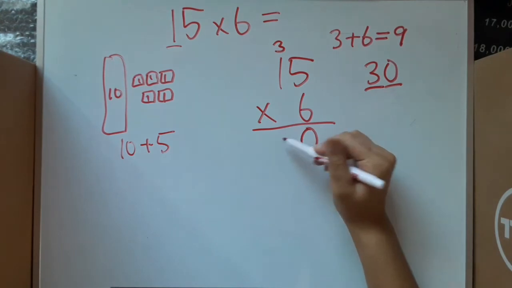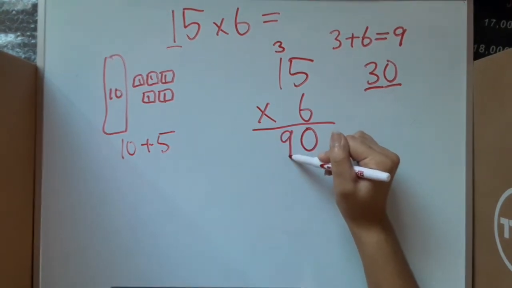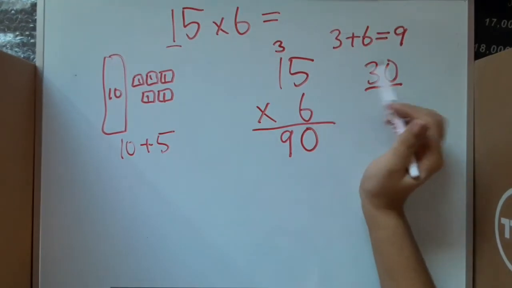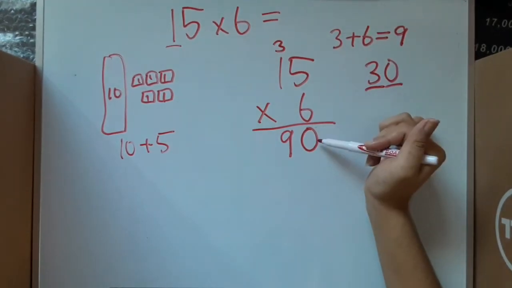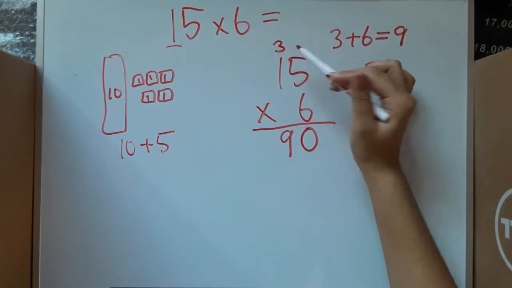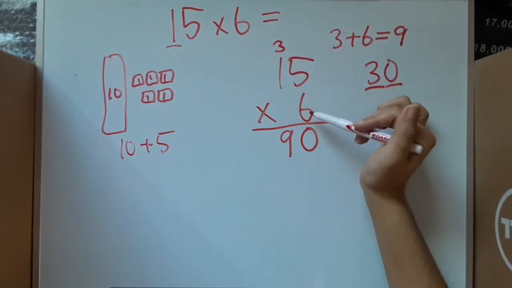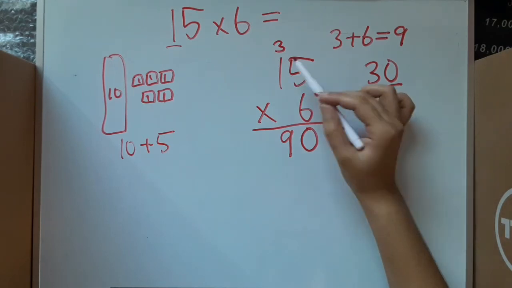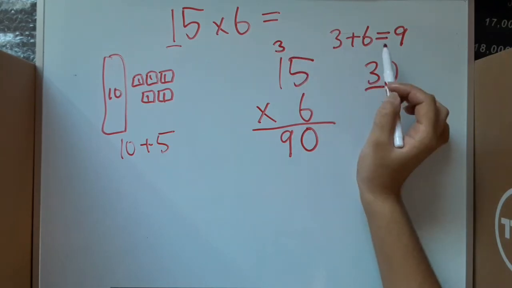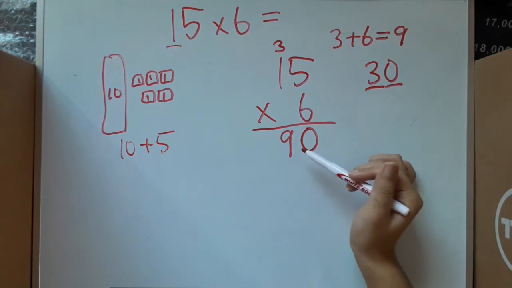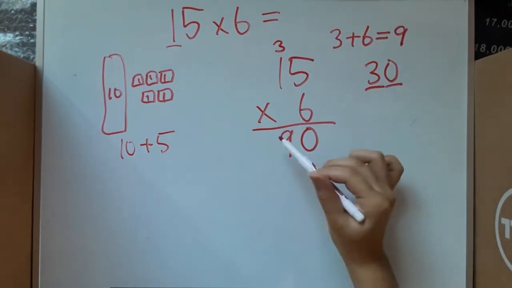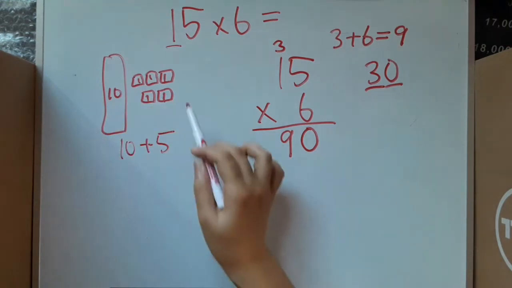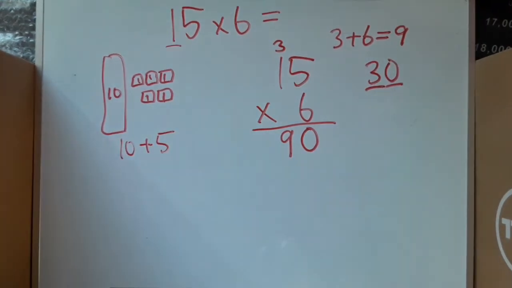So our number that goes here is 9, because we did 5 times 6 equals 30, bring the 0 down, put the 3 on top, 1 times 6 equals 6, and we add the 3, getting us 9. Now, this is a lot faster than drawing this out 6 times and counting up all the numbers.